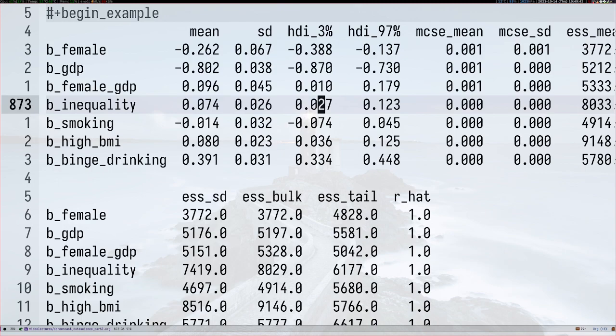But then this increase in income, and therefore the consequent increase in healthcare expenditure, this healthcare expenditure gain is smaller than the loss that we get from the lower incomes, which we're going to have as inequality increases for a given level of GDP per head.